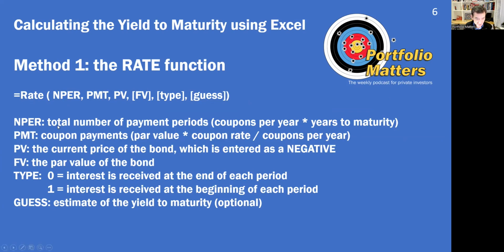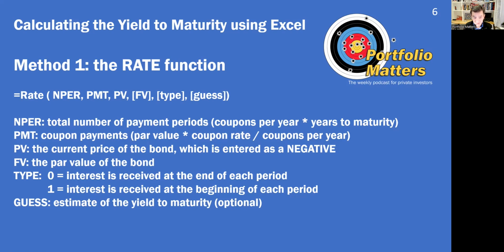So the first element is the total number of payment periods, which is the number of coupons per year multiplied by the years to maturity. Then the second element is the value of the coupon payments, which is the par value multiplied by the coupon rate divided by the number of coupons per year.